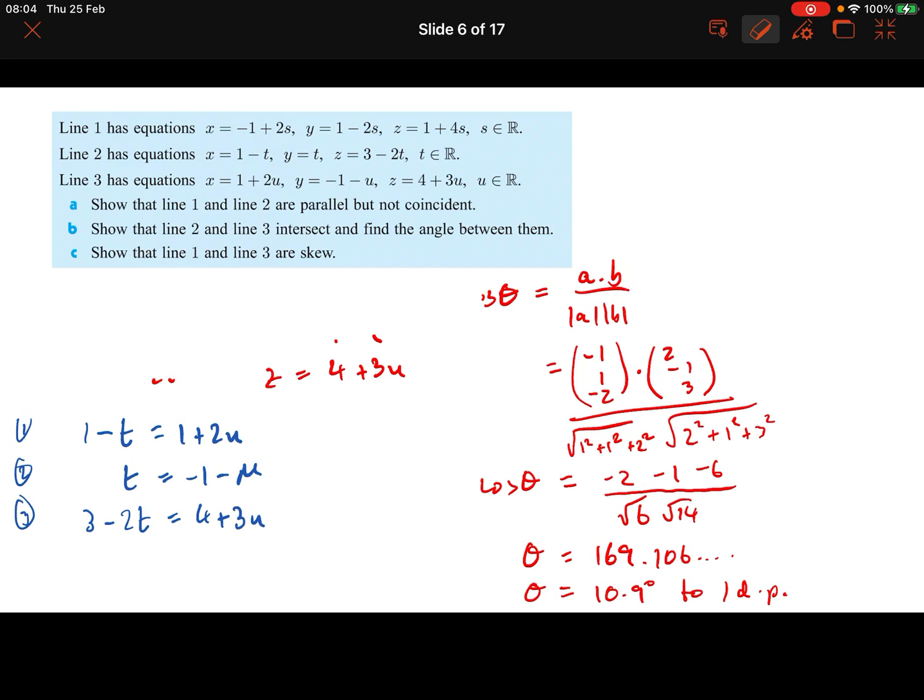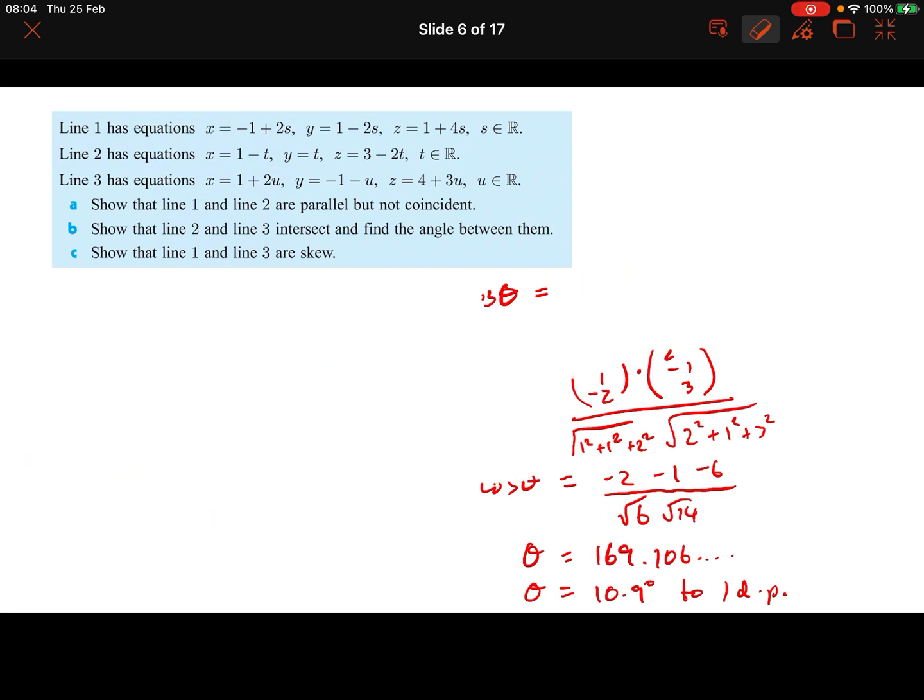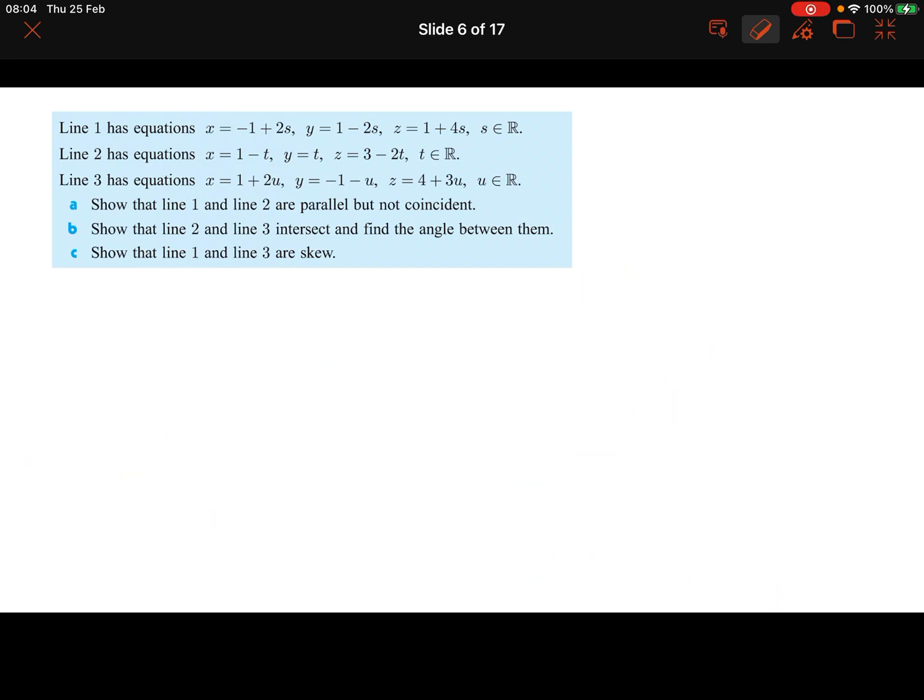Right, now, show that line 1 and line 3 are skew. We're going to do exactly the same thing as the first question. No, sorry, part B, where we're going to try and find out what the intersection is, and then we'll show that there isn't one. So line 1 and line 3. First of all, x equals -1 plus 2s, y equals 1 minus 2s, z equals 1 plus 4s.